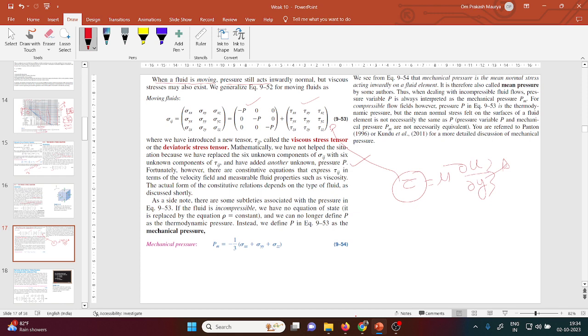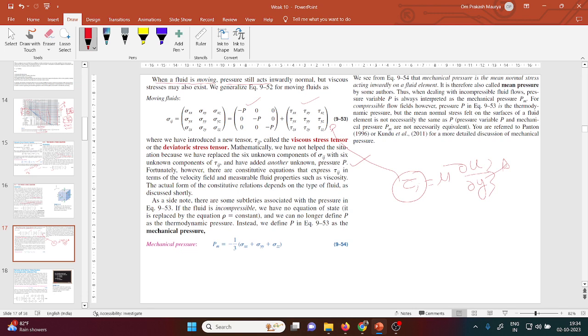Fortunately, however, there are constitutive equations that express tau ij in terms of the velocity. We want to write this in terms of the velocity.